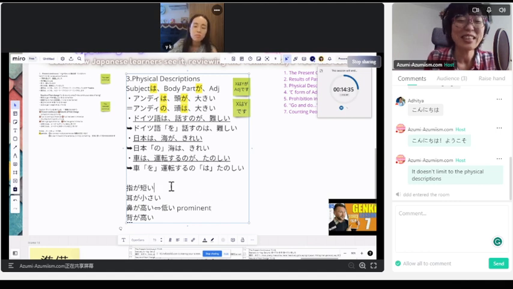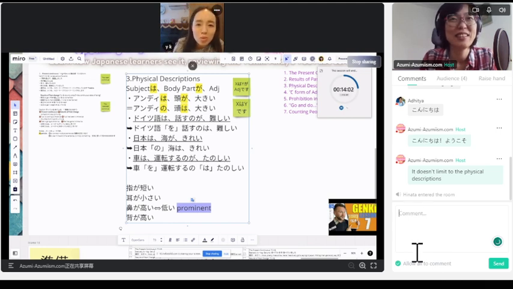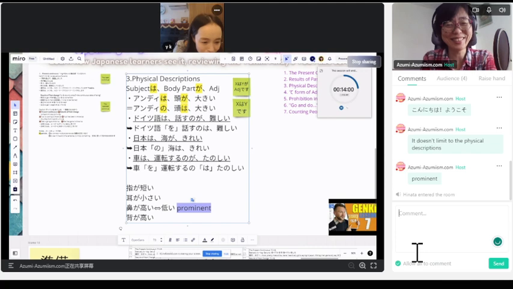耳が短い、耳が小さい、鼻が高い、鼻が低い。I found it really interesting that Andy described 鼻が高い as prominent. As he said, hana ga takai is a compliment in Japanese. Do you know prominent?